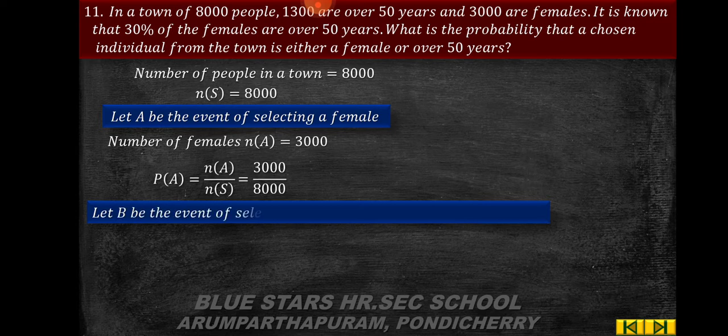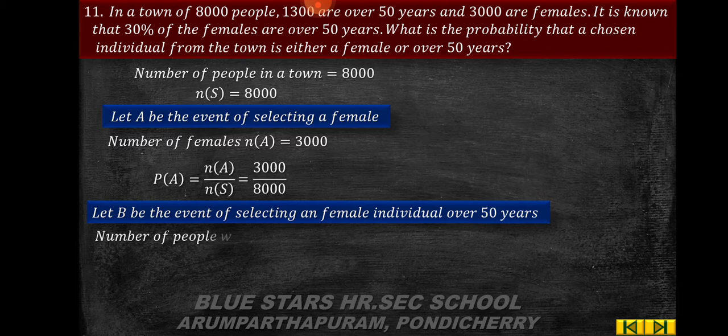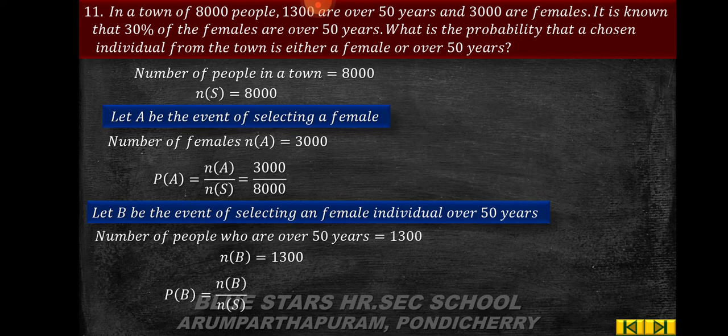Let B be the event of selecting an individual over 50 years. So the number of people who are over 50 years is equal to 1300. So N of B is equal to 1300. P of B is equal to N of B by N of S is equal to 1300 by 8000.